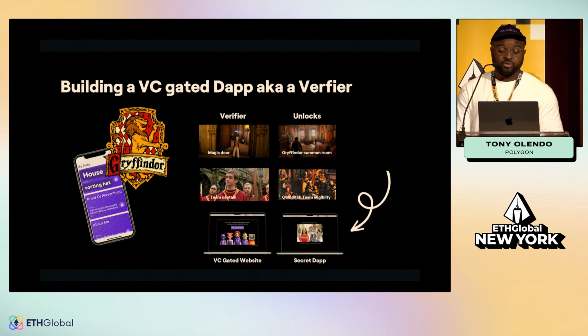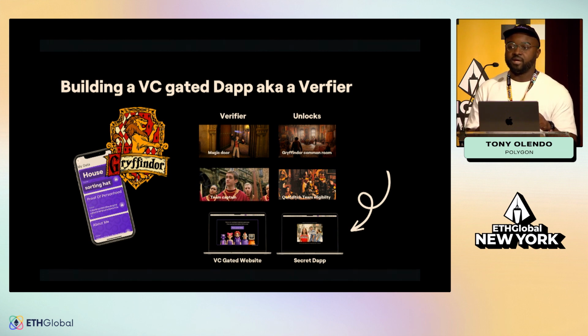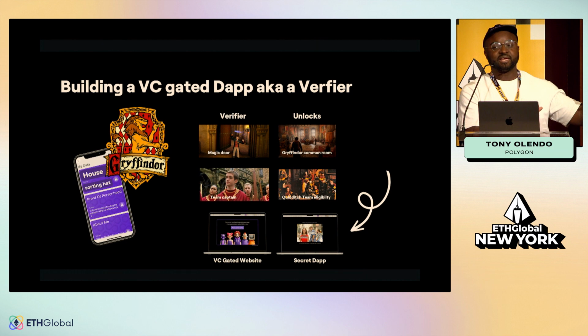Building a VC-gated app. If you want to do a verifier, Steph, who used to be with Polygon, did a really good talk and has a really good repo on the verification piece, right? So I've shown you the issuance side, which is all we have time for.